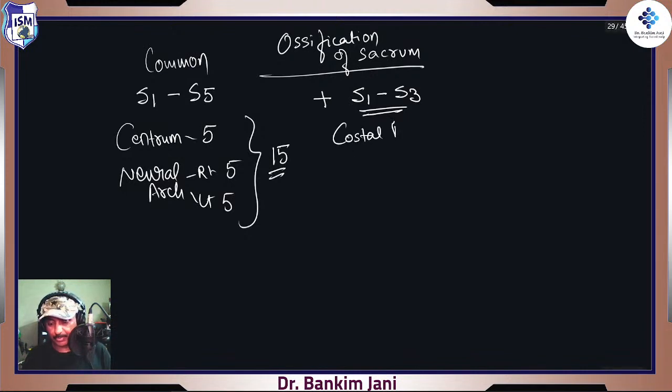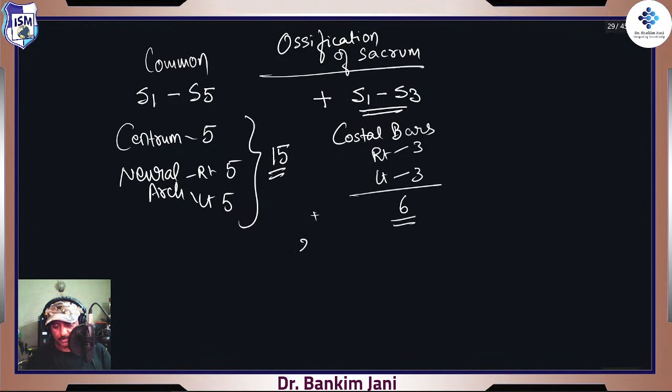So costal bars on both sides, right and left, 3 on each side. So total 6. Thus 15 plus 6, total 21 ossification centers.